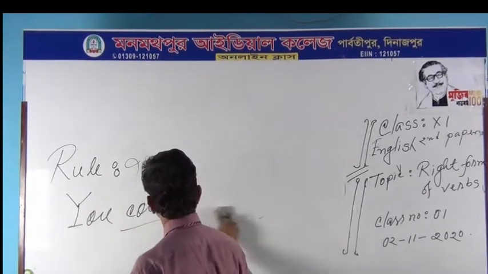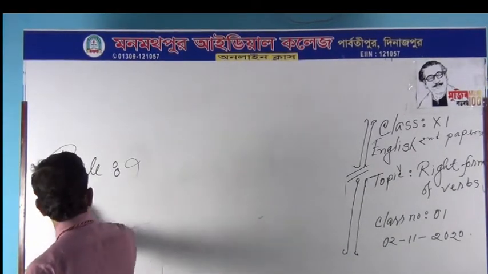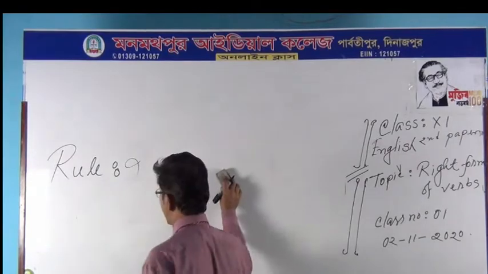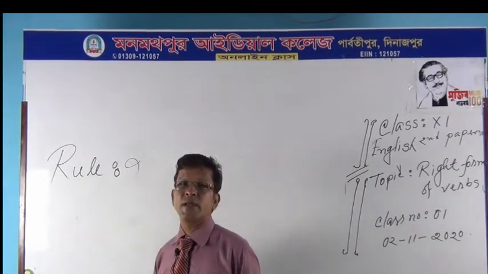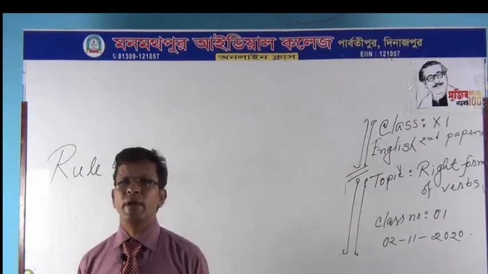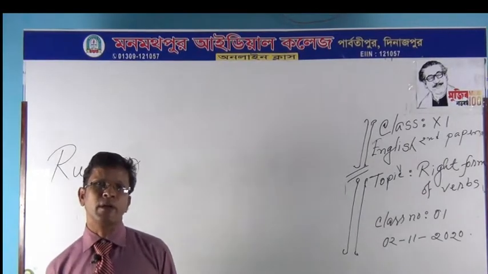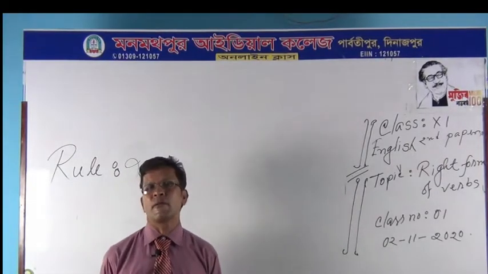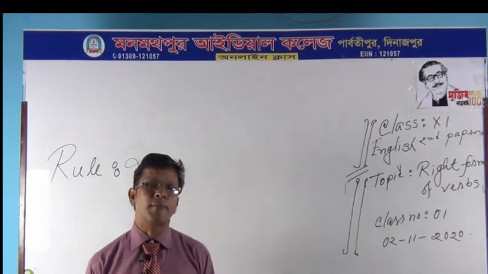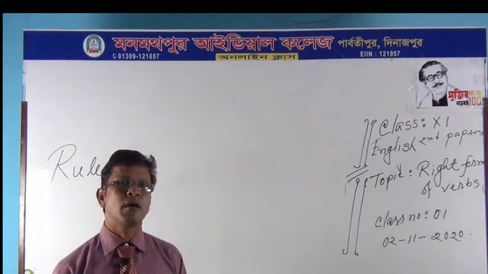But if you find "be" after these modal auxiliaries, that is, if there can be, could be, may be, must be, should be, would be, just before the principal verb, you have to use the past participle of the principal verb.